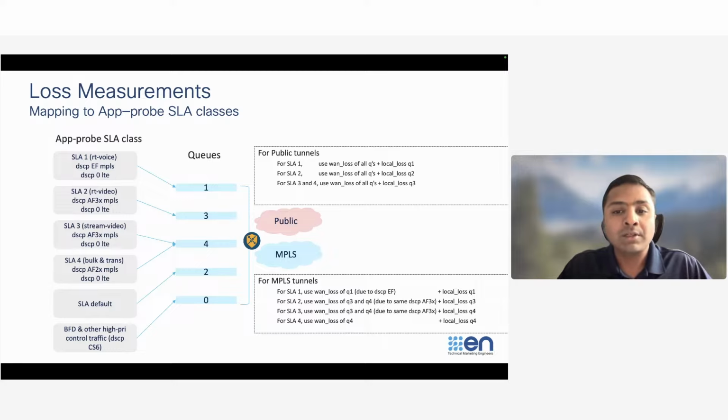In public tunnels, when you have the public internet, there is no concept of differentiated treatment. So in that case, with enhanced application aware routing, for SLA1, we use the WAN loss of all the queues and the local loss of just Q1. Likewise, it's going to be the average of all the queues for WAN loss.